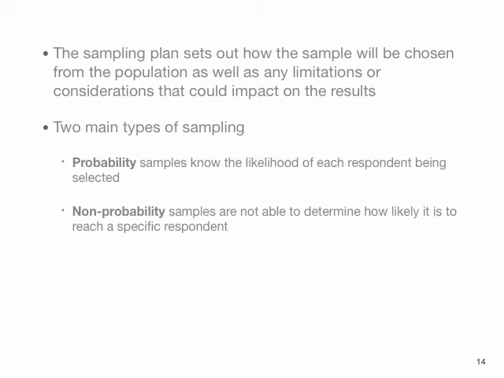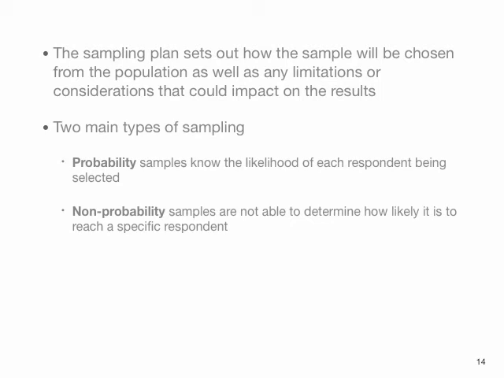Not how they're going to respond, but the type of respondent and how they fit in your population. With a non-probability sample, you're very uncertain and you're not sure what sort of respondent you're going to get from your population. And those two different types of sampling can potentially, not necessarily, but can potentially affect what sort of responses you get for your research.